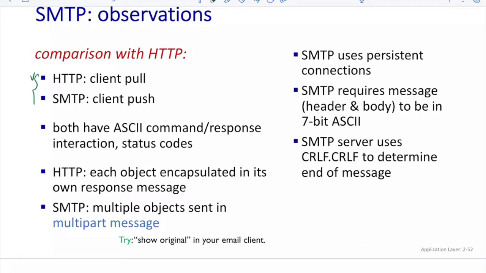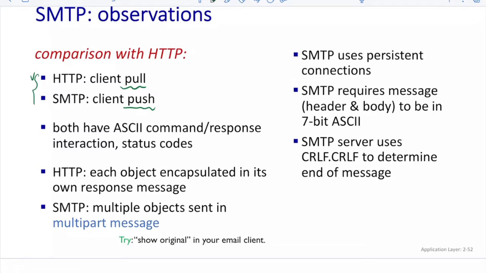So it's a little bit different, pushing and pulling. But they both have ASCII command and response interaction with status codes, so we can easily understand what's going on from the perspective of human beings.